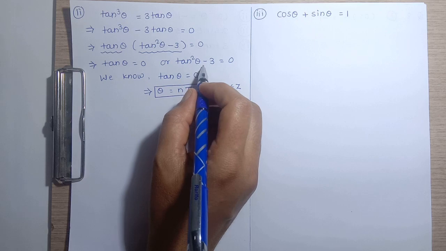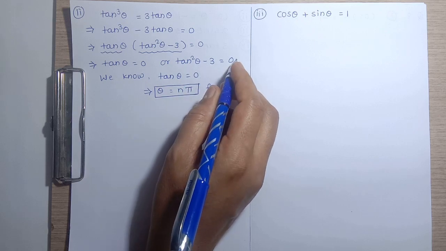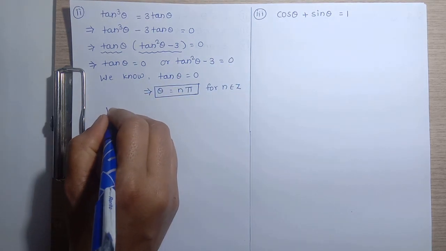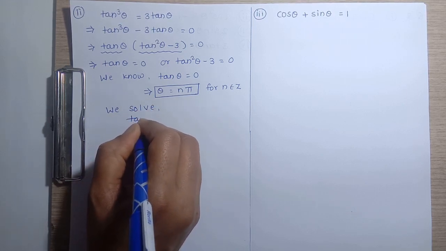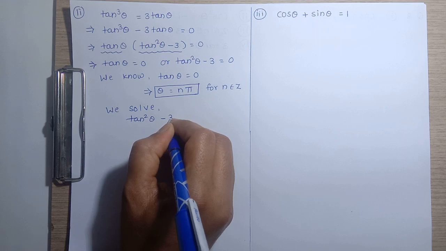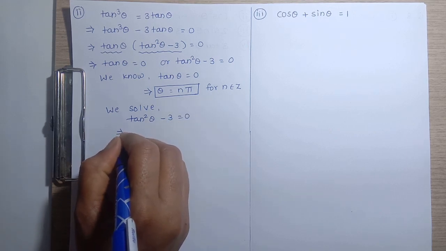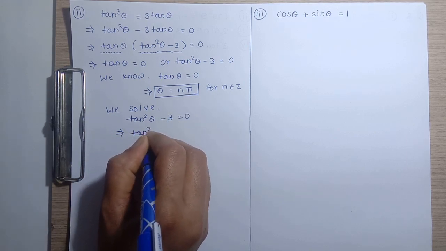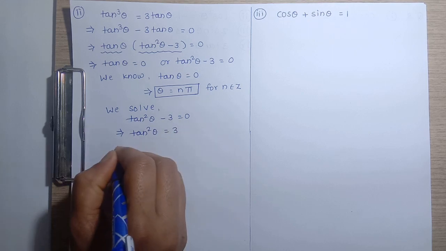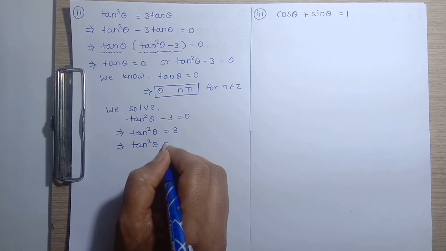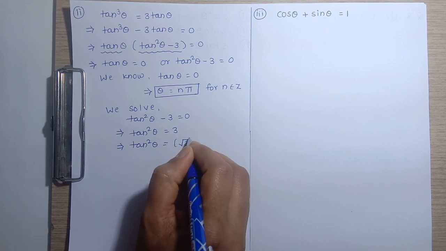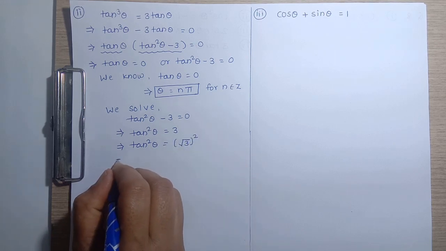Now we solve tan square theta minus 3 is equal to 0. That gives tan square theta is equal to 3. That is, tan square theta is equal to root 3 bracket square.